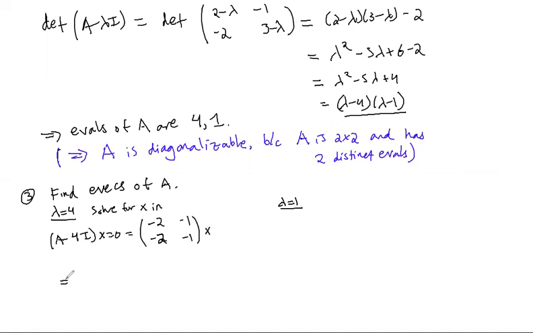And we find that x is in the span of a single vector, which is 1, negative 2. To keep consistent with the worksheet, I'll do negative 1, 2.